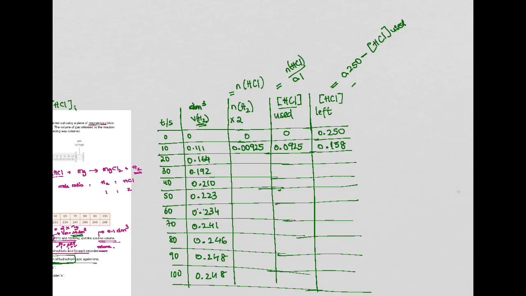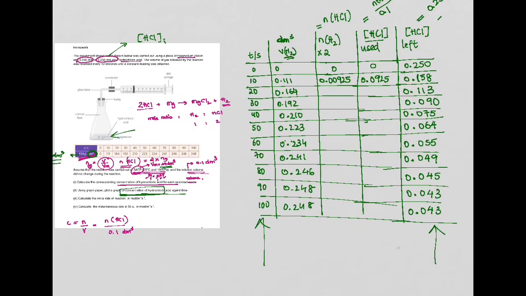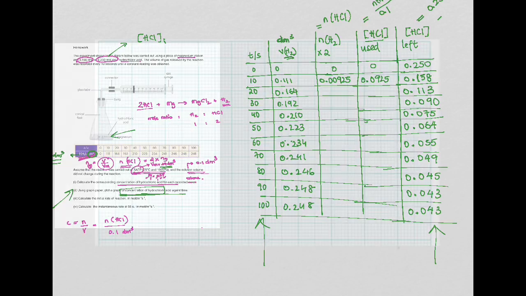So I completed the first row, and as you can see, the number of moles of HCl left will be the initial amount of HCl minus the number of moles of HCl used. So you can verify your answer, and as you can see here, you'll have to plot time against concentration of HCl here using graph paper.